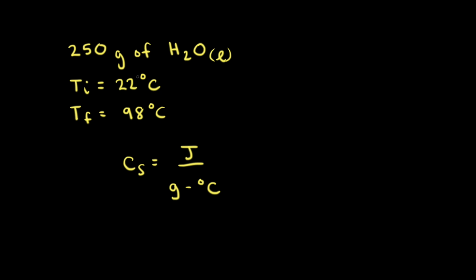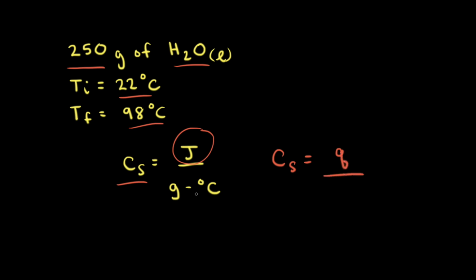Next, let's calculate how much heat is necessary to warm 250 grams of water from an initial temperature of 22 degrees Celsius to a final temperature of 98 degrees Celsius. Using the units for specific heat, which are joules per gram degree Celsius, we can rewrite the specific heat as equal to, joules is the quantity of heat that's transferred, so we could just write Q for that.